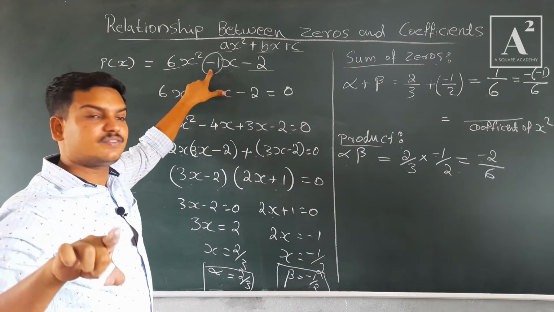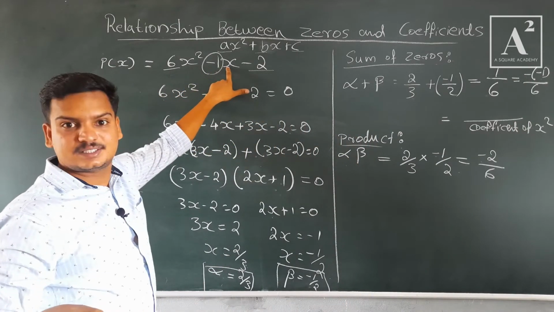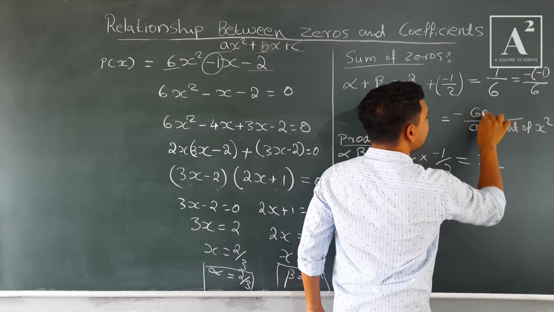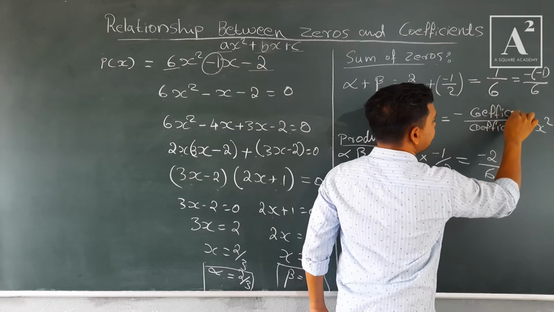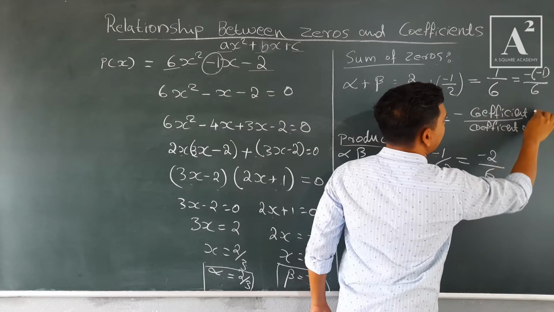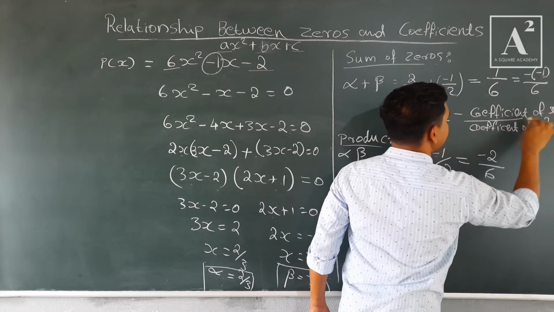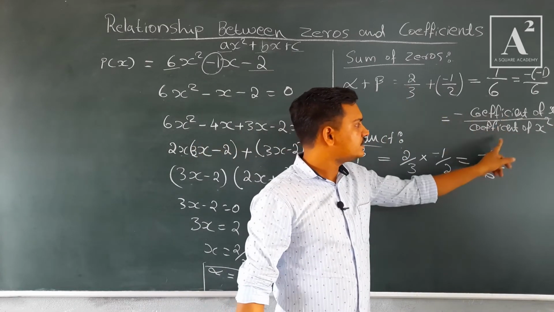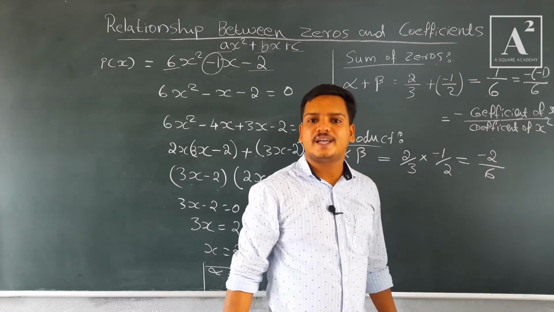Minus 1 is the coefficient of x term. So, we can write that this is minus coefficient of x divided by coefficient of x square.